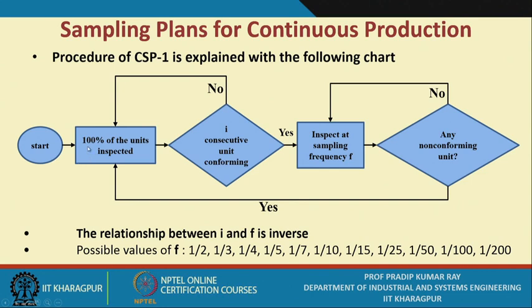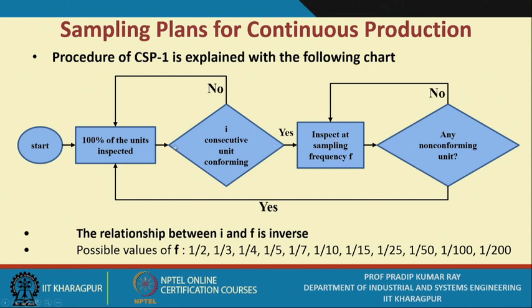You go for 100% inspection of the units, one by one, and then you check whether the i consecutive units are conforming or not. If you achieve this condition, then a condition of consistency is reached.